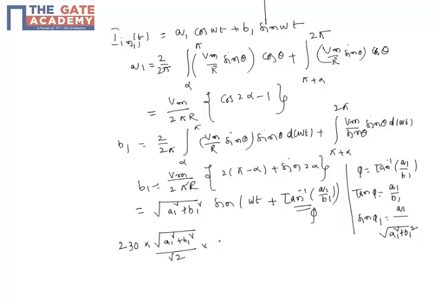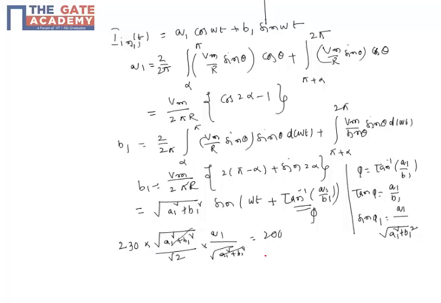Sin phi is nothing but A1 by square root of A1 square plus B1 square, equal to 200. So the square root term gets cancelled. Now just substitute the whole value of A1, Vm by 2 pi R into cos 2 alpha minus 1. If you substitute here, the whole expression contains only one unknown, alpha, right?